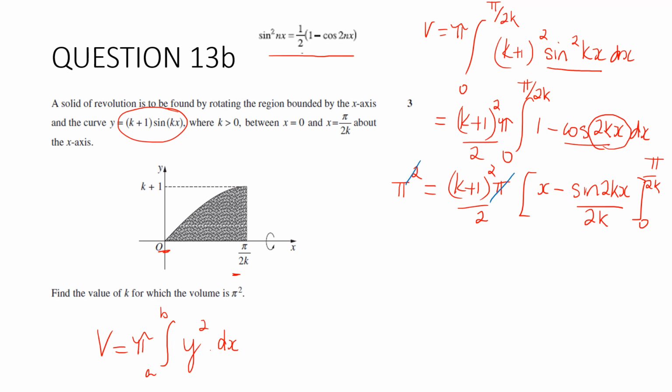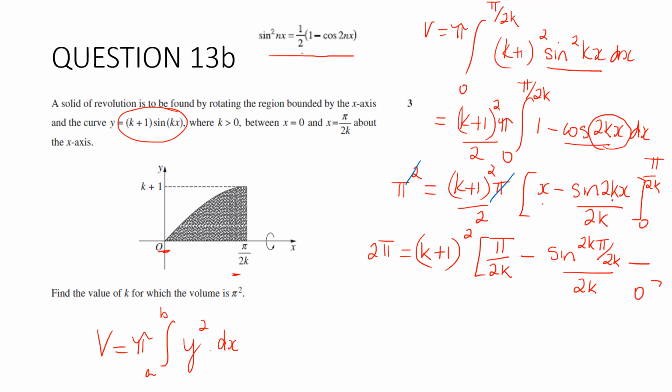So we have, let's take that 2 over, 2 pi is equal to k plus 1 all squared, and now let's substitute in pi over 2k minus sine 2k pi over 2k all over 2k. Take away, now let's substitute the 0 in. We're going to get 0 and 0, so that's good.